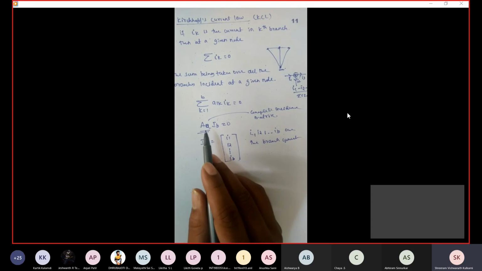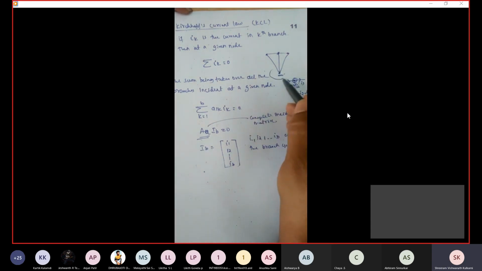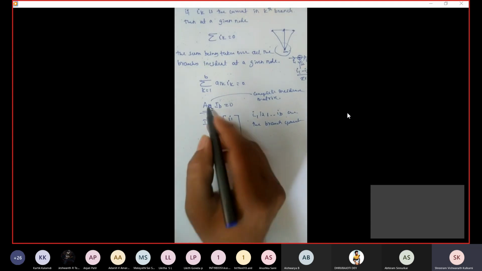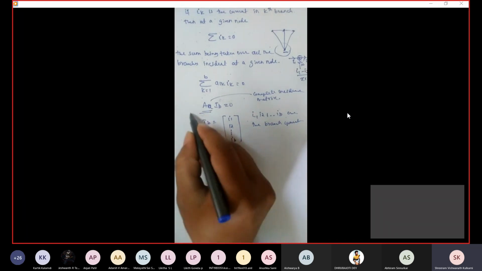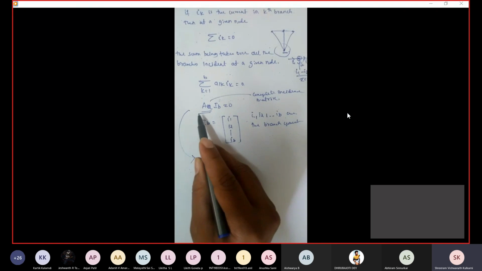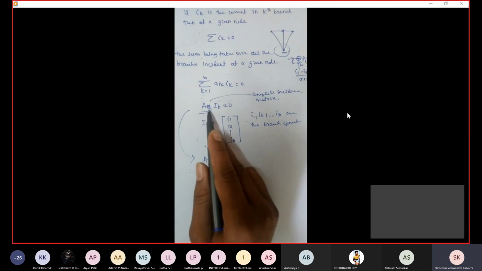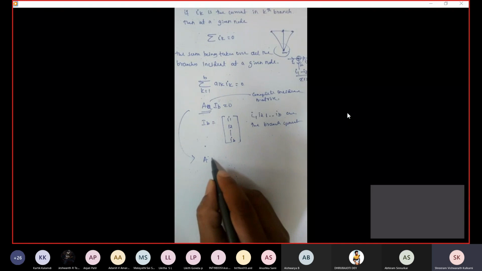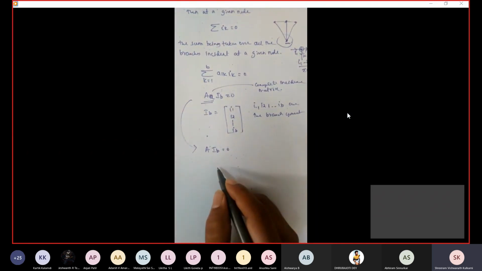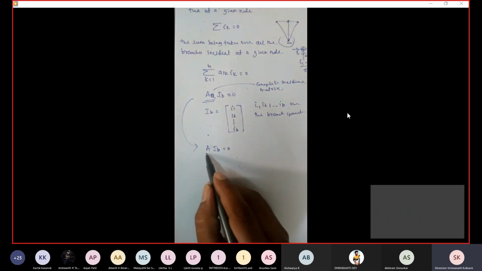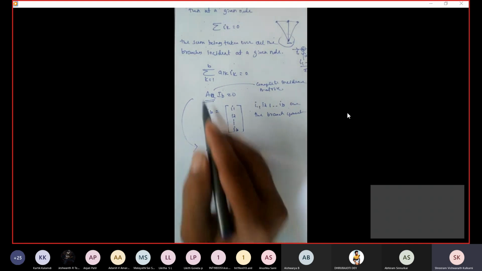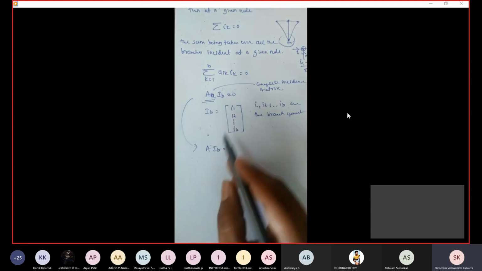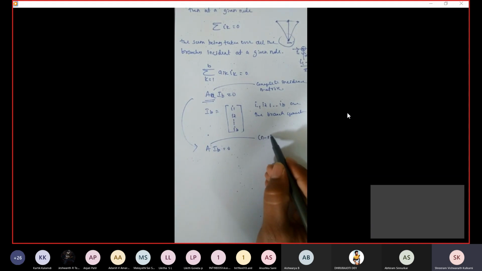Now if one node is taken as a reference, or I can call it a base node or datum node, you can write the equation as A I_B equals 0, where A is the incidence matrix of the order n minus 1, number of nodes minus 1, by number of branches.